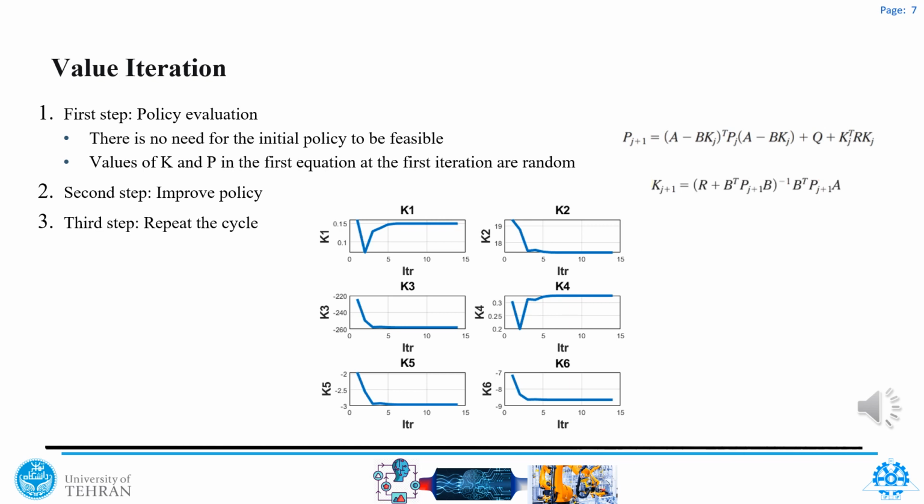We repeat this cycle, and you can see the results. Value iteration outperforms policy iteration because I think its convergence has occurred faster than policy iteration.